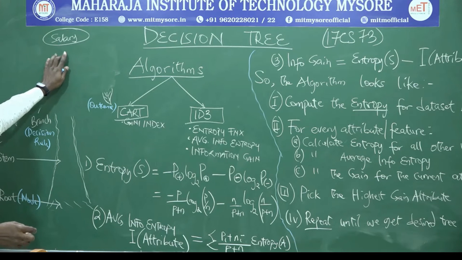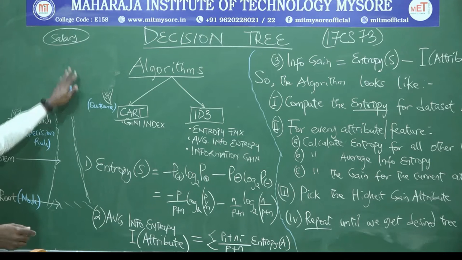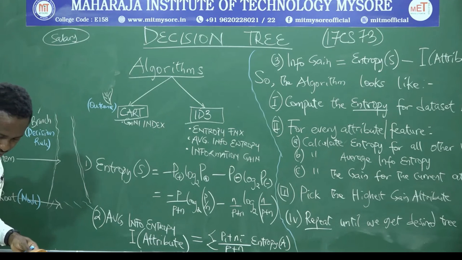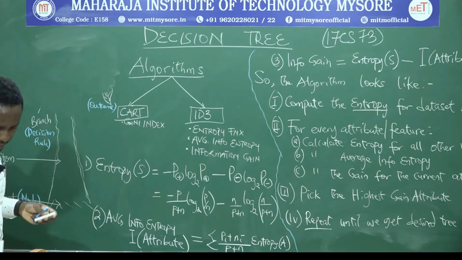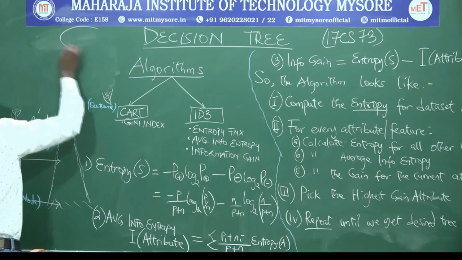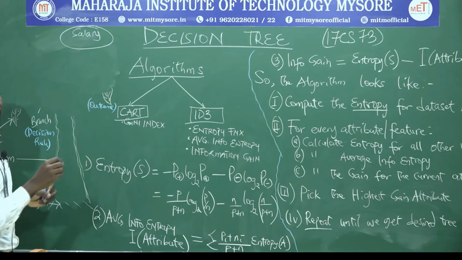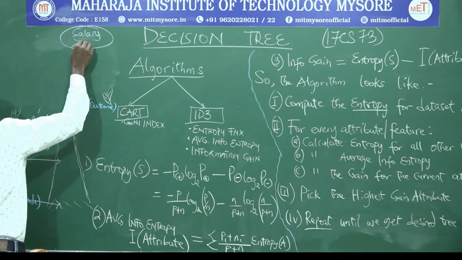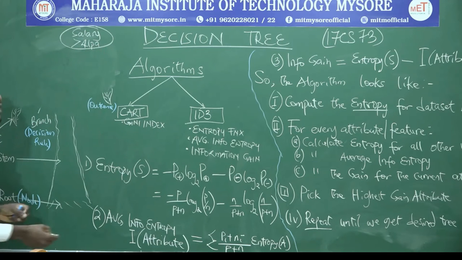Right? Fine. If salary is your root node, what are you going to consider next? Now, how much is the salary, right? So I'm going to expand this now. Instead of just writing salary alone, I will make it this way. So this is salary, and it has a constraint. Is this salary greater than 4 lakhs per annum? For most of you, even freshers also, they want 4 lakhs per annum salary.